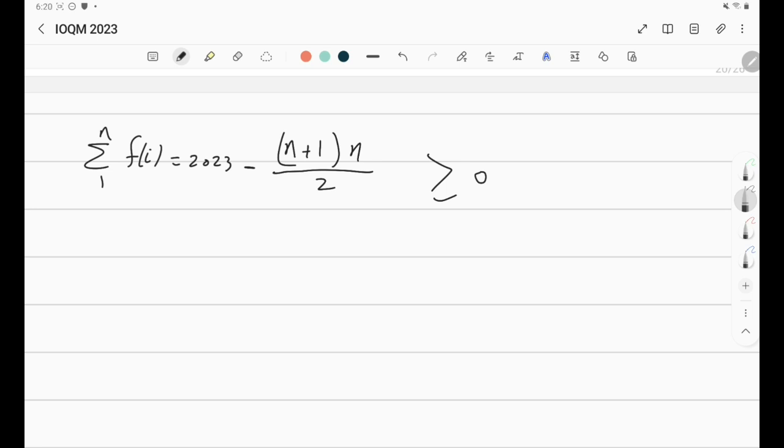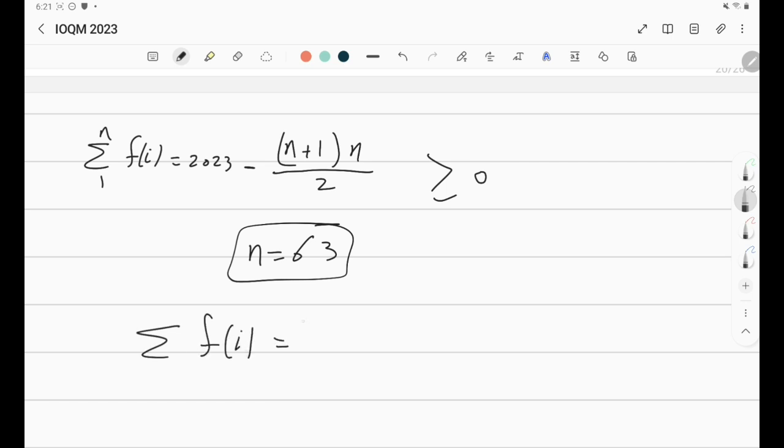We can easily see that the best n here is n equals 63, and this thing is just going to be 7. So this is our best n, and now we need to find how many functions exist such that the sum of f(i) from 1 to n is equal to 7.